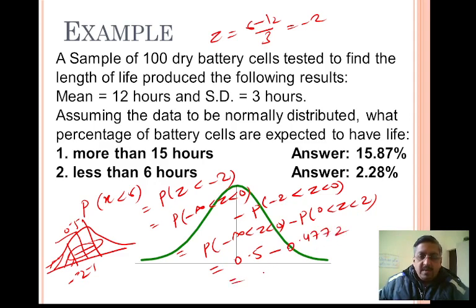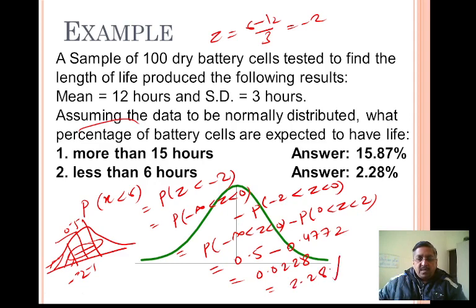And that gives me 0.5 minus 0.4772, that is 0.0228. Solving this in terms of percentage, we get that in a sample of 100 dry batteries, only 2.28% of batteries have less than 6 hours of life, right?